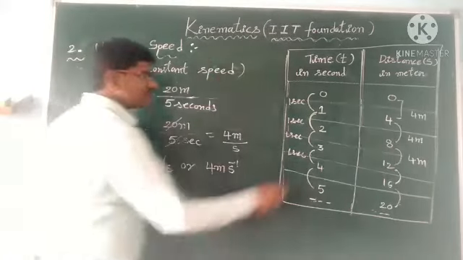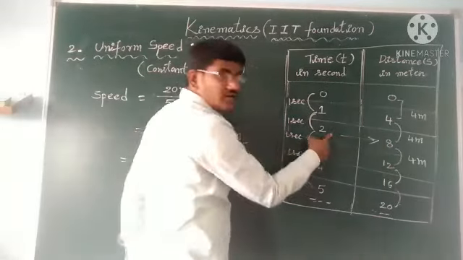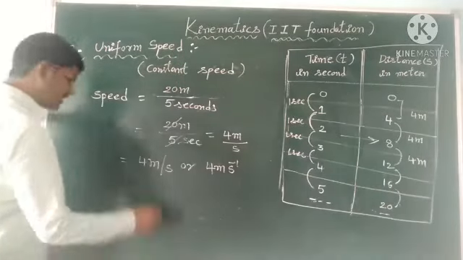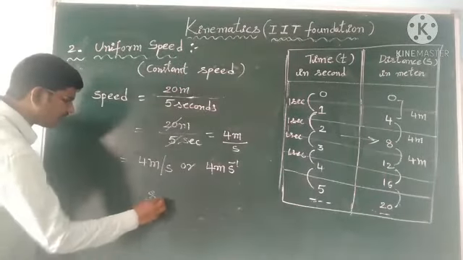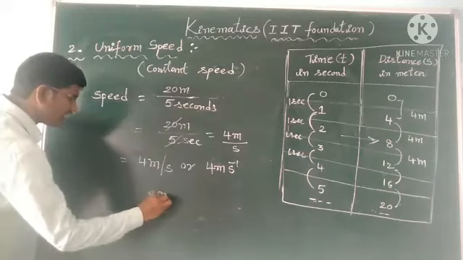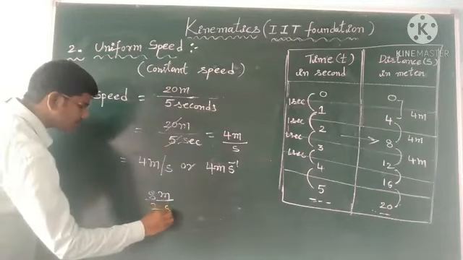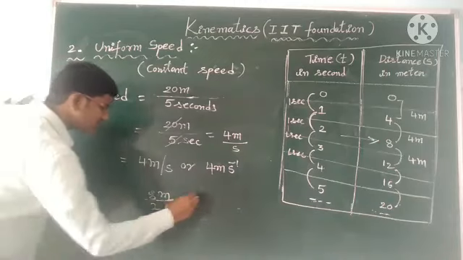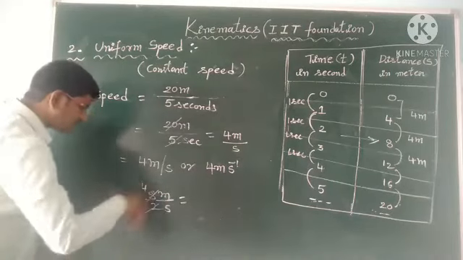Or you see, my dear students, after 2 seconds you check, what is the speed? 2 seconds, 8 meters. So again write 8 by 2. So 8 meters in 2 seconds. Then cut with 2.